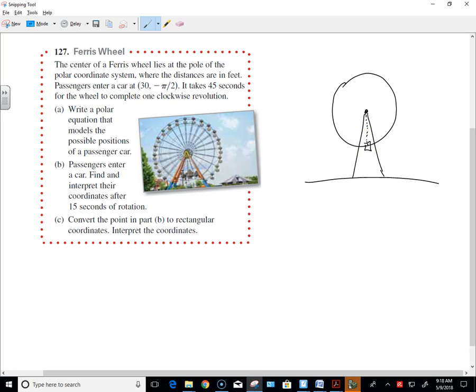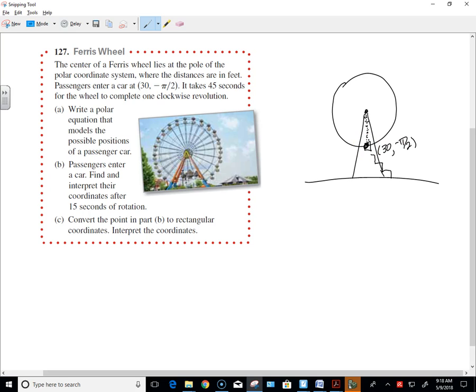Then 30 is how many radii out, like how many feet or meters, whatever the measurement is as far as how big the Ferris wheel is. So 30 and negative pi over 2. Passengers get in right here at the bottom of the Ferris wheel.